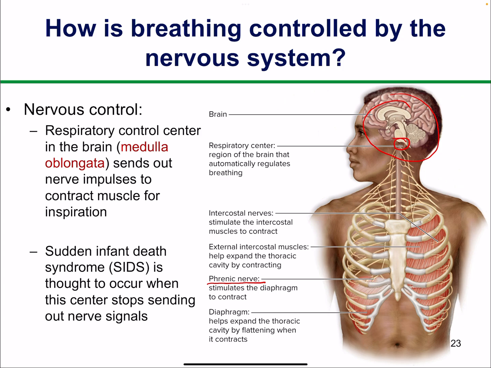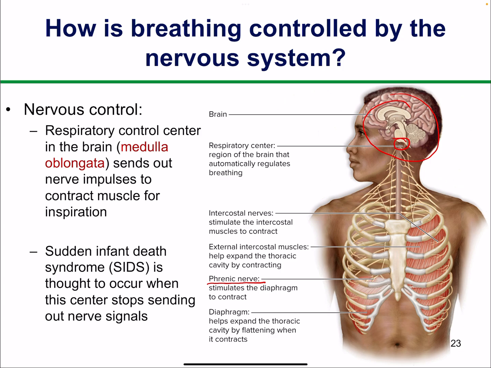This is when the diaphragm contracts without you controlling it. That's the hiccup, right? When the phrenic nerve sends impulses to the diaphragm so that the diaphragm contracts without really needing to contract.